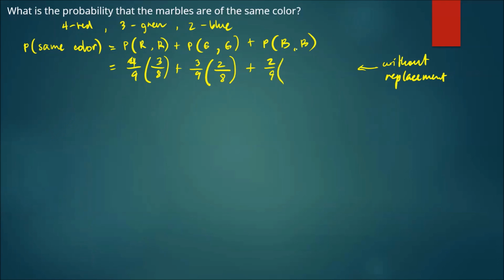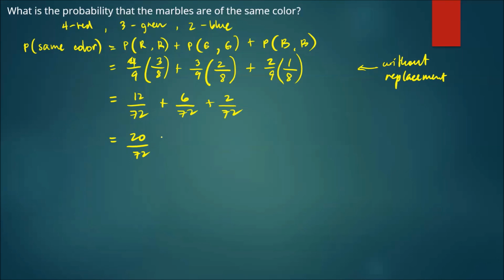And the probability that we will pick another blue is, since our first marble is blue, we now only have 1 blue marble left out of 8 marbles. So that will be 12 over 72 plus 6 over 72 plus 2 over 72, or 12 plus 6 plus 2 is 20 over 72.